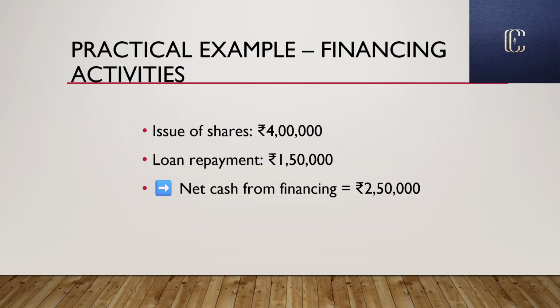The business received the money, right? It is 4 lakh rupees. The repayment of the loan is the cash outflow, 1 lakh 50,000 rupees. Net financing cash flow equals inflow minus outflow. That is 4 lakh minus 1 lakh 50,000 rupees, the difference is 2 lakh 50,000 rupees.